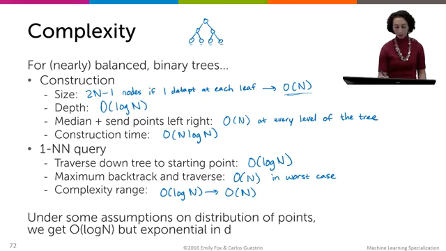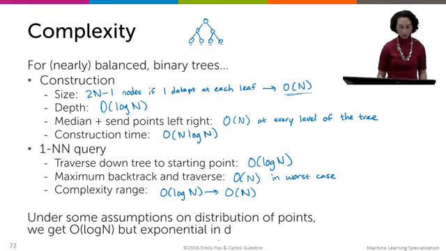Remember that order n was the same complexity as our brute force search. So if we were just going to do a single nearest neighbor query, and if we got really unlucky about the structure of the data or how we chose to construct the KD tree, we might actually take a penalty over brute force search. But in some cases, as we're going to show, you can actually have significant gains in efficiency.